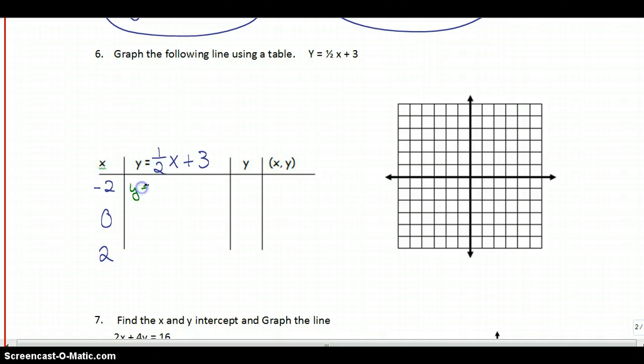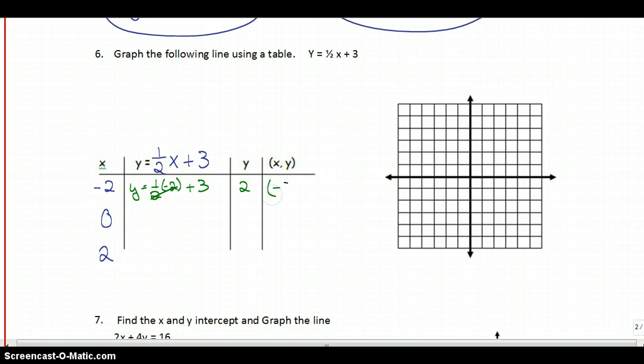So now I have y is equal to 1/2, plug in my negative 2, plus 3. 1/2 times negative 2 gives me negative 1. Negative 1 plus 3 is going to give me 2.